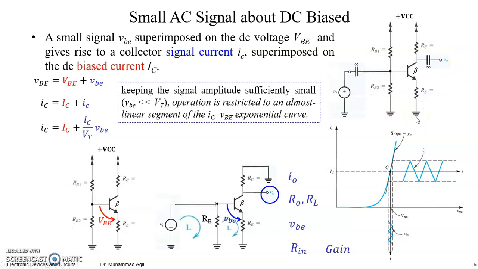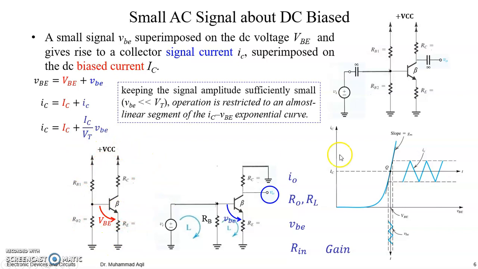This kind of BJT based amplifier configuration is called common emitter configuration. So for amplifier design, the common emitter configuration should be in the active mode. That is, the base to emitter junction should be forward biased and the collector to base junction should be reverse biased.